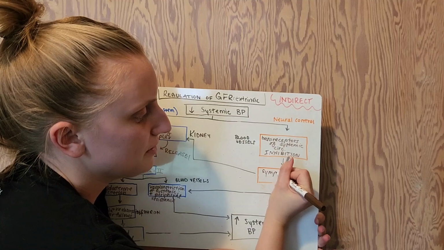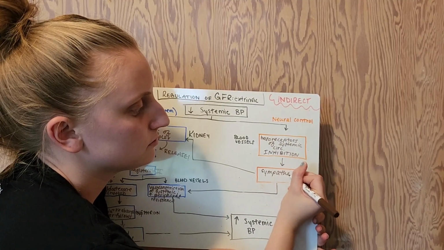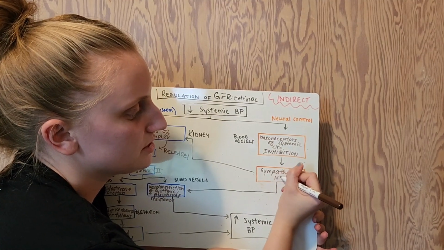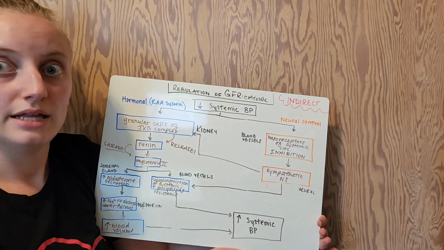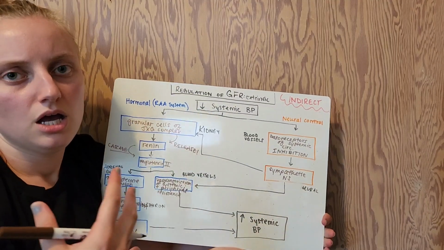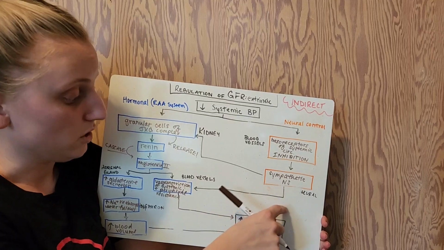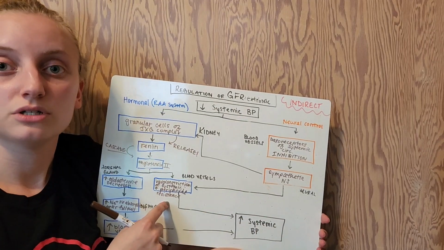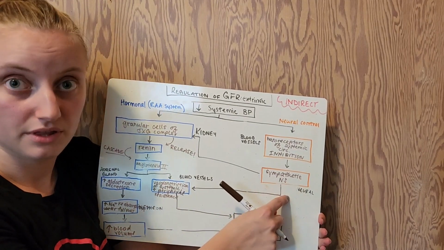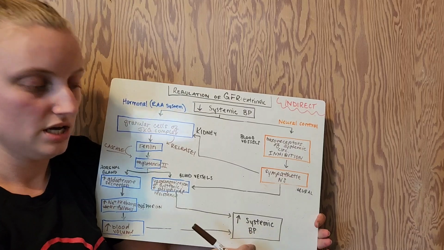So sympathetic nervous system. And the sympathetic nervous system is like the control freak. It does everything it can to fix it. It goes straight vasoconstrict. Sympathetic, vasoconstrict, increase blood pressure.